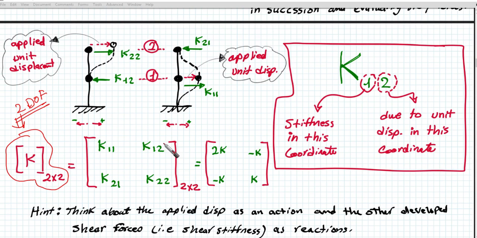So we are going to form it in this way, and the subscripts are put as K11, which means row number 1 and column number 1. So the first subscript provides the row number, and the second subscript gives the column number. Okay, so K12 here, K21, K22.